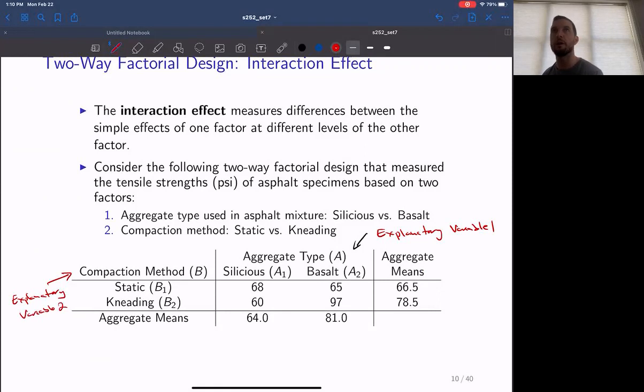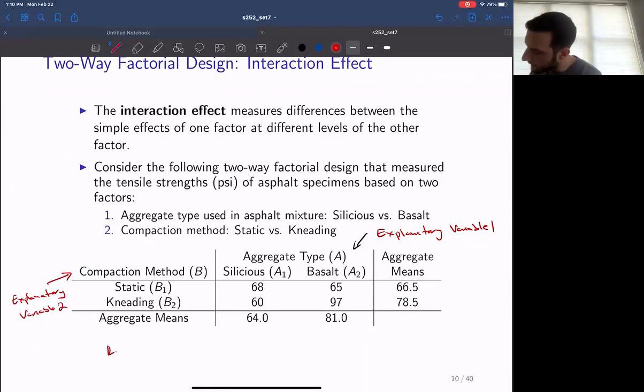So we have 2 explanatory variables, and each variable has 2 levels. This creates a system of 4 treatment combinations, so 2 times 2 is 4. In this table, we have the means for each treatment combination.